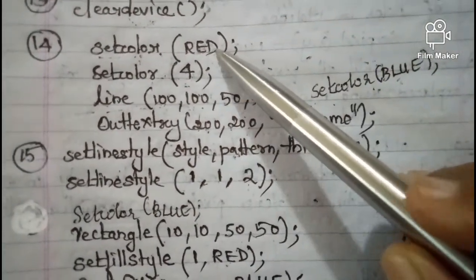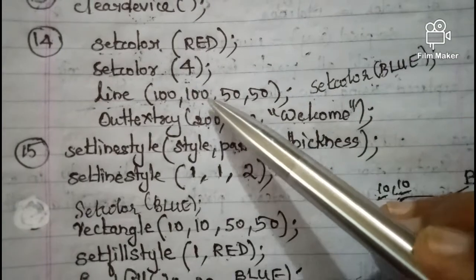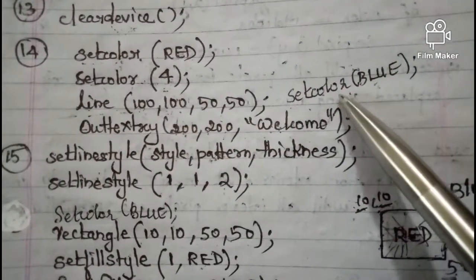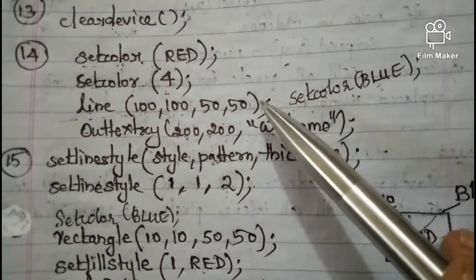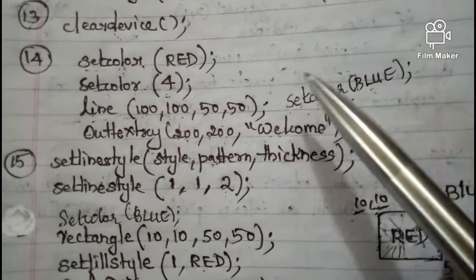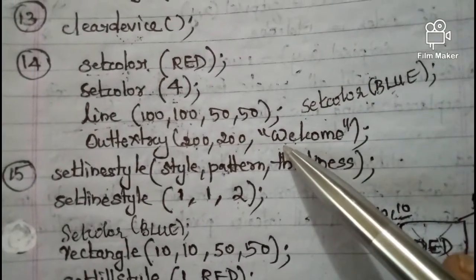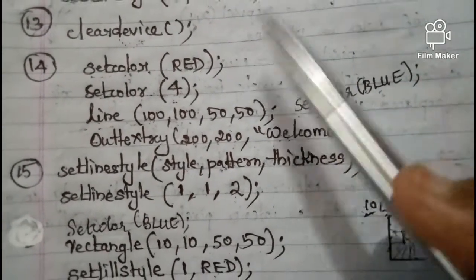Set color, then after that the line function, then before giving the outTextXY function, you have to specify one more set color. That is, just after the line function, give a set color function and then give the outTextXY function. And the order is like this.